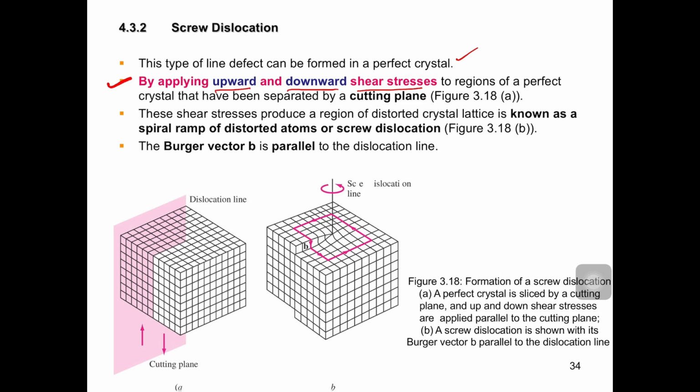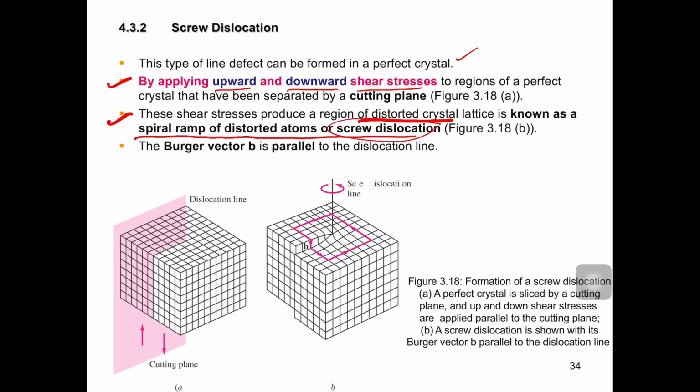You apply force, upward and downward shear stress, to regions of a perfect crystal that have been separated by a cutting plane. This shear stress produces a region of distorted crystal lattice known as a spiral ramp of distorted atoms, or screw dislocation. See this one.